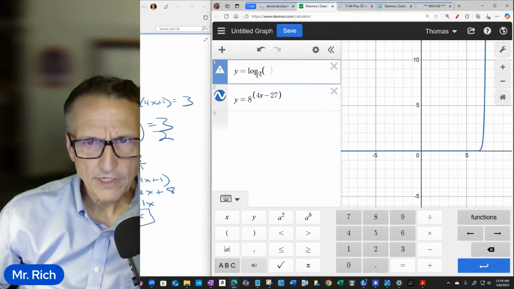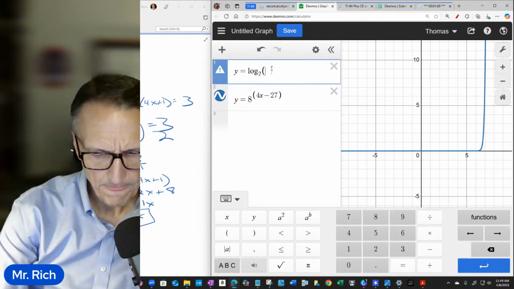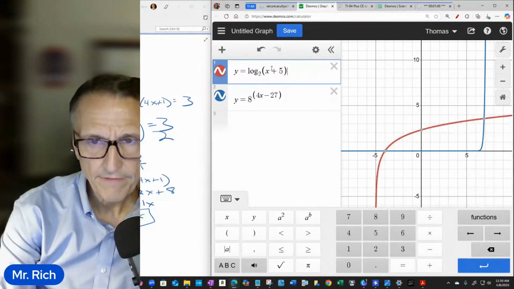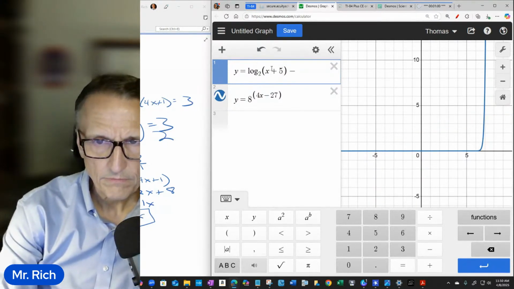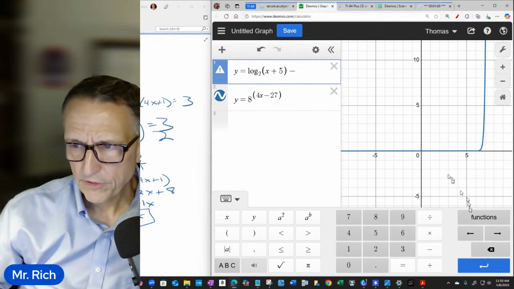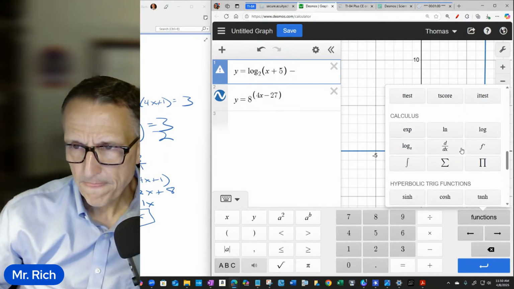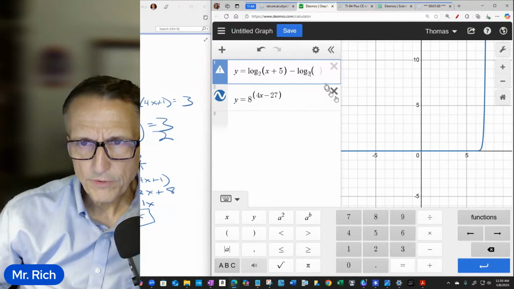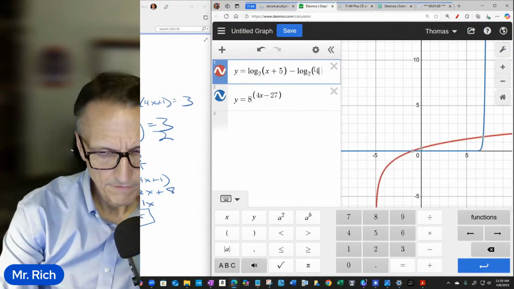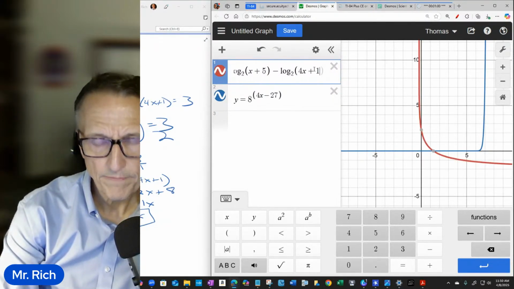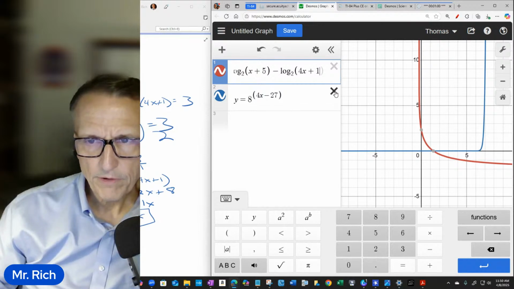So I'm going to give this a log base 2 of x plus 5 and minus. Let's go grab that same function, and we'll do a log base 2 of 4x plus 1. Right? And then we'll get rid of this one.